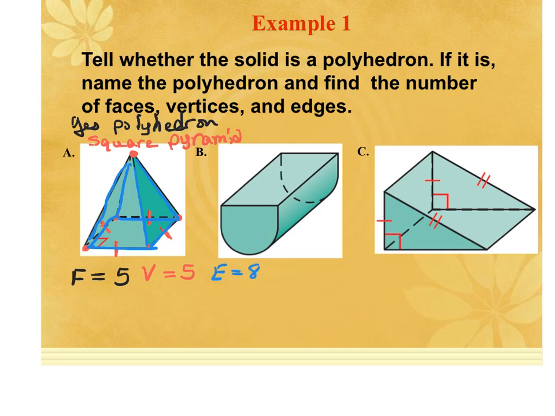So let's go ahead and let's use Euler's theorem to double check that we did count the faces, edges, and vertices correctly.